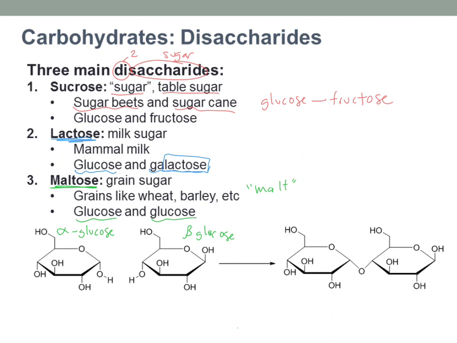So beta glucose. And remember, I don't remember if I said this in the last video, but you can remember alpha glucose, alpha, because it looks kind of like a fish. And fish live down in the water. And beta, I had a student tell me that she thought that beta kind of looked like a butterfly. So beta is like a butterfly.